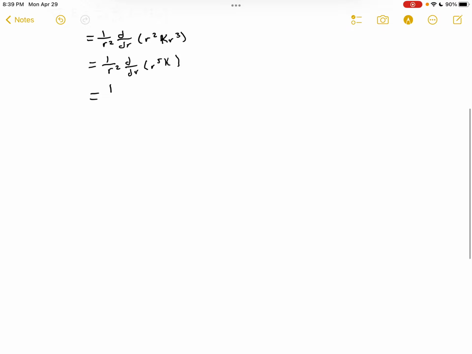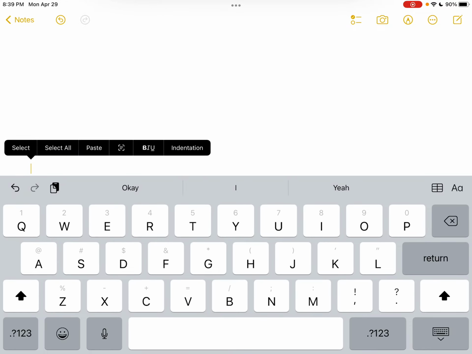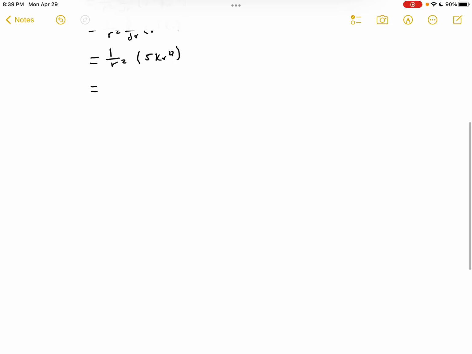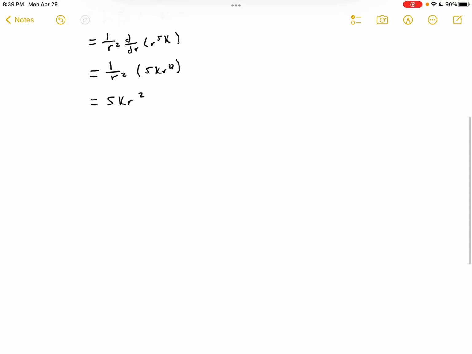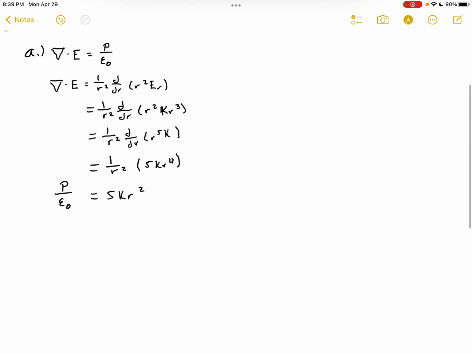So it'll be 1 over r squared times 5k r to the 4th. From here we do our last multiplication step, and we end up with 5k r squared. And as we said before, we know that this is equal to rho over epsilon naught.